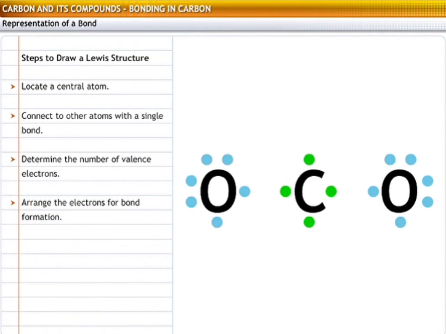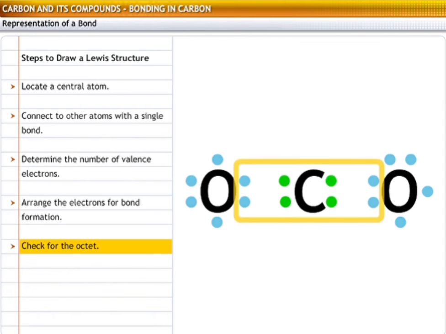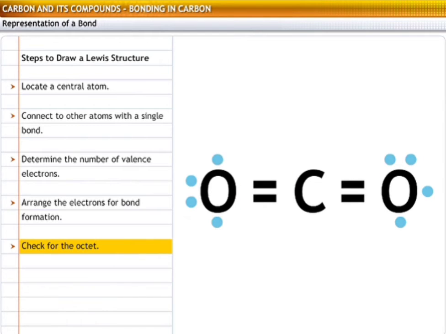As the octet is not complete, move 1 electron per bond per atom to make another bond. Hence, we move 1 electron for each, and now we see that both the carbon and oxygen atoms achieve the octet by forming a double bond between them.